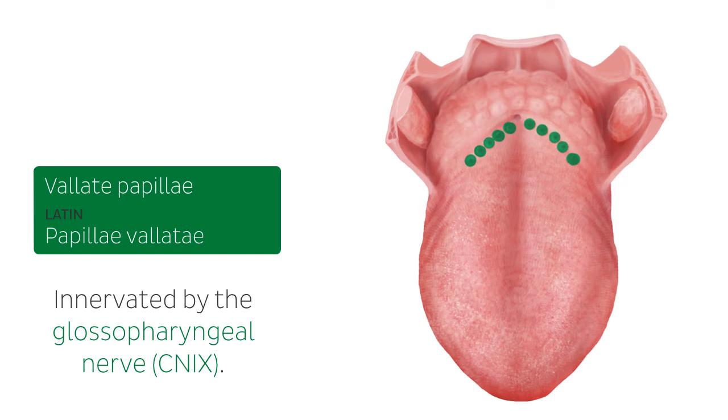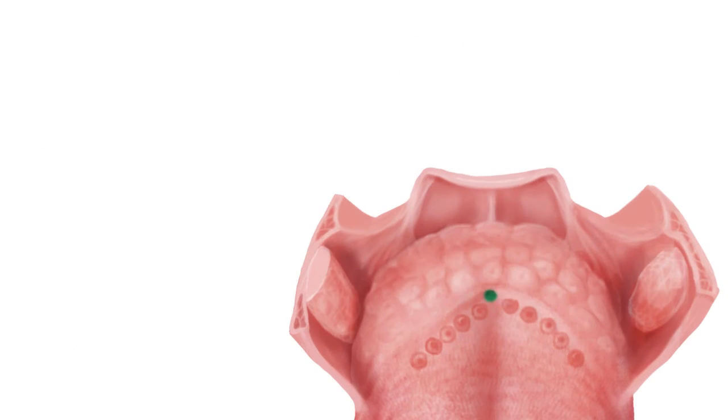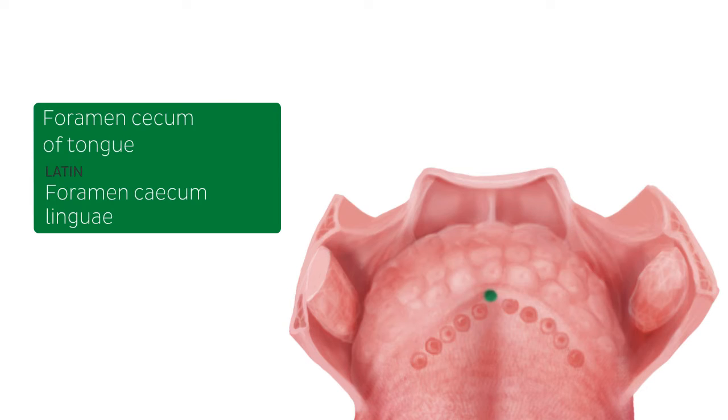As you can see here, and as I mentioned, the vallate papillae are innervated by the glossopharyngeal nerve, and like the rest of the body of the tongue that gets a sensory innervation from the chorda tympani, which is a branch of the facial nerve, and also the lingual nerve. The next structure, which we also talked about before, this dot here represents the foramen cecum of the tongue.